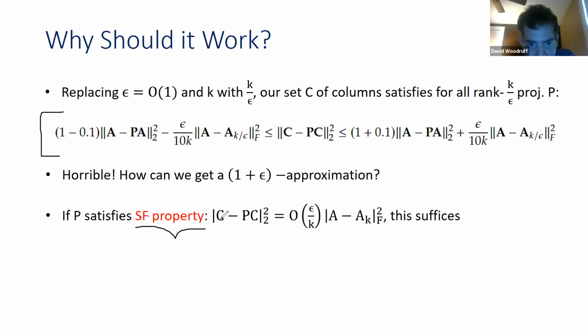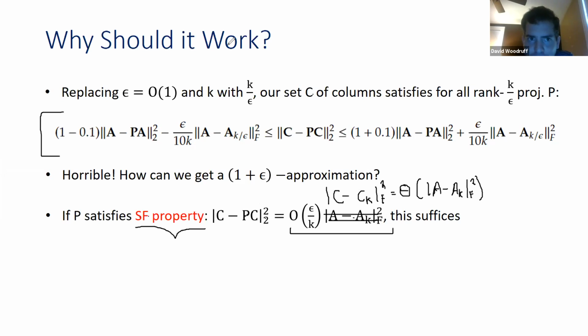What it says is that C minus PC, its squared operator norm, is at most epsilon over k times the squared Frobenius norm of, in fact, you can put C minus CK here. And that's why it's a mixed spectral Frobenius guarantee, because it relates the spectral error of using this projection to the Frobenius norm of the best rank k approximation. But it turns out for this C that we're looking at, this will always be theta of the squared tail Frobenius norm of A.